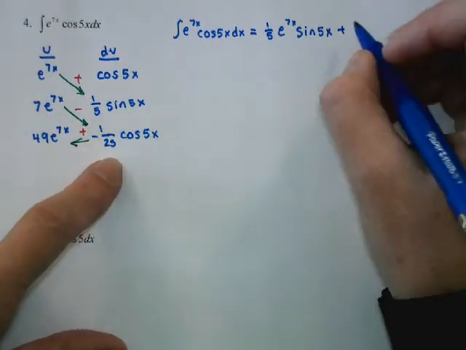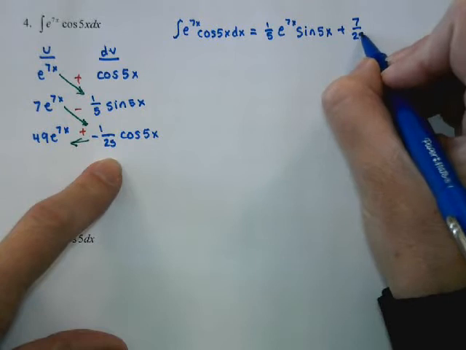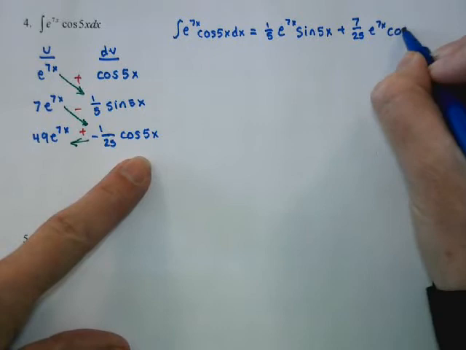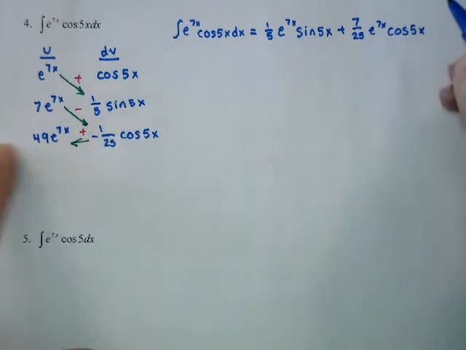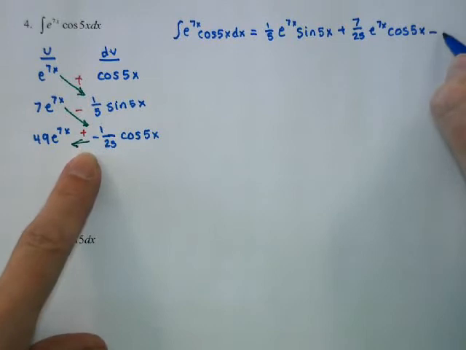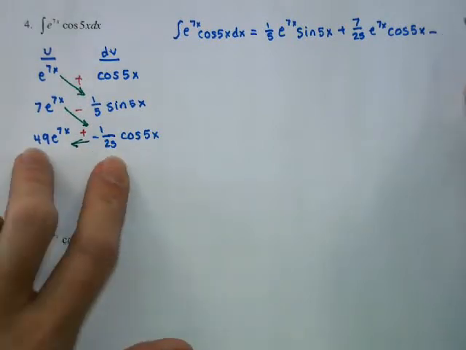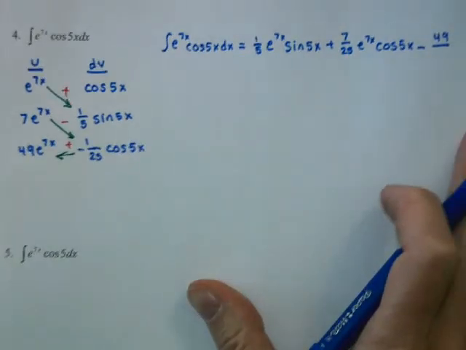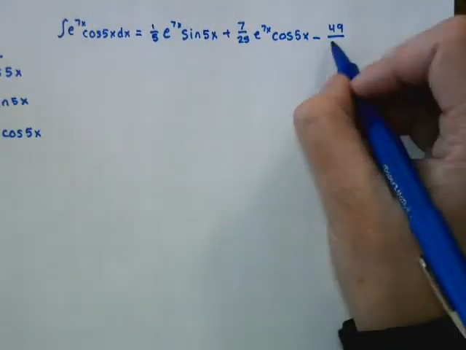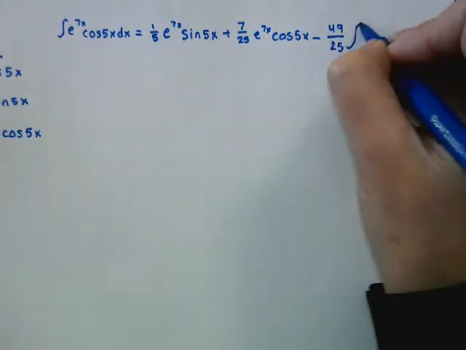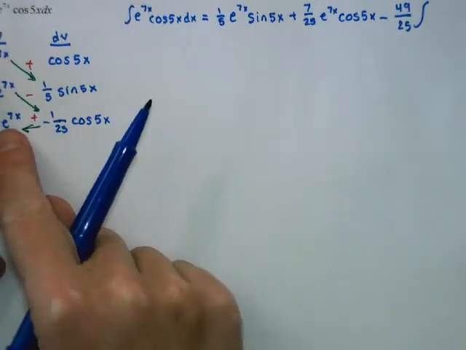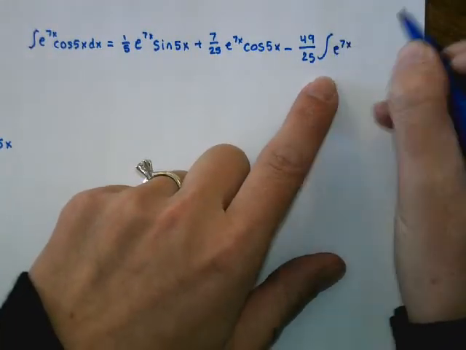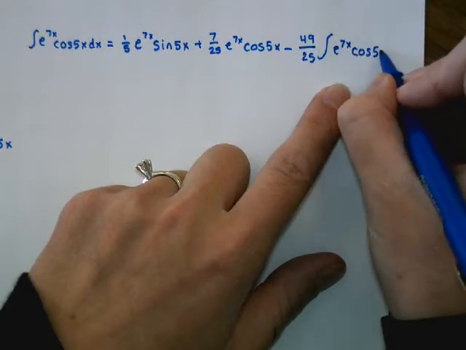I got 7 over 25, e to the 7x cosine 5x. And then across the bottom, we have a minus. I'm going to leave these on the outside, so 49 over 25 times the integral of e to the 7x cosine 5x dx.